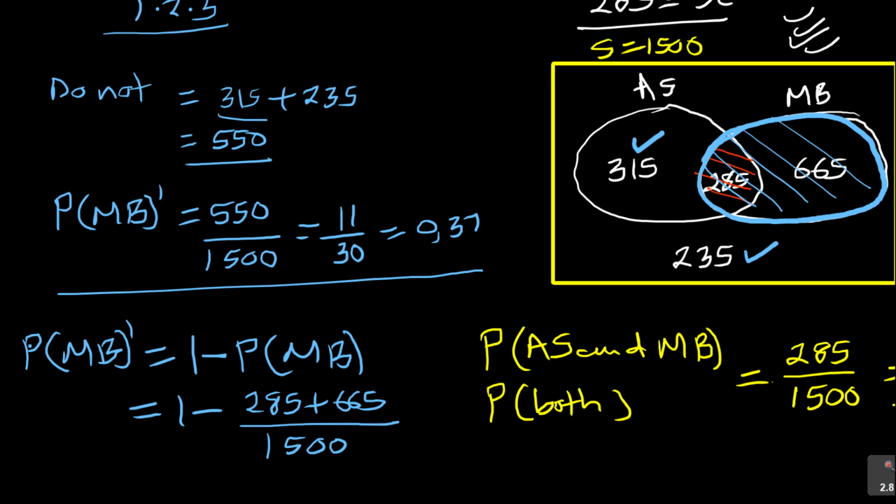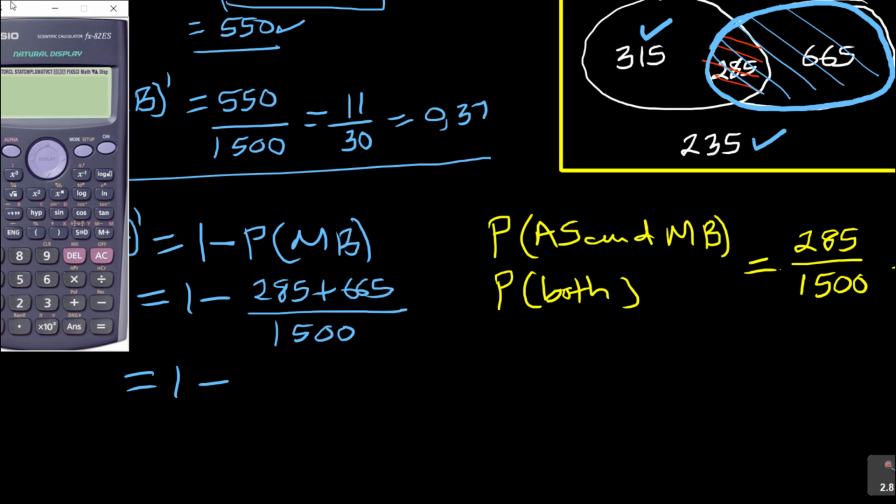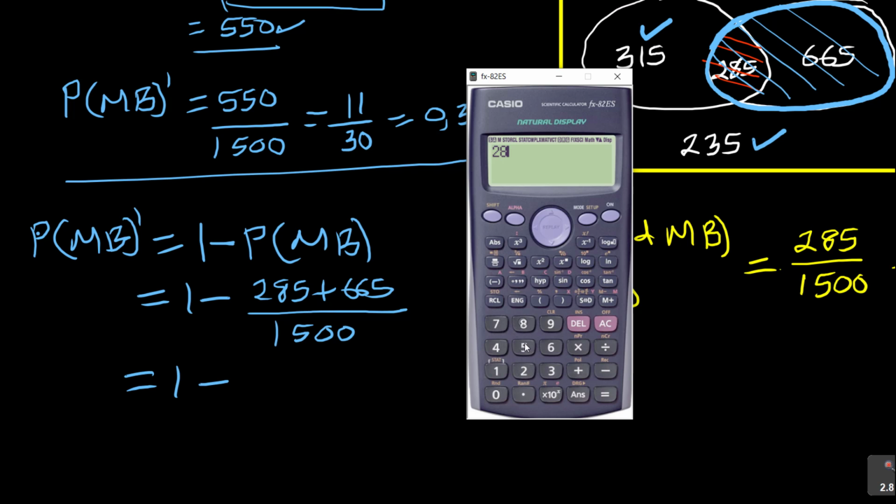So it's the same thing I was adding there, but now I'm just doing it once. I added 550, then after that divided by 1500. So I'm just doing it as one thing here, which is equal to 1 minus. So in a way, I'm saying you add 285 plus 665, you get 950. Oh, actually it was 950. So we are saying then 950 divided by 1500 equal to, you see, it's 19 over 30.